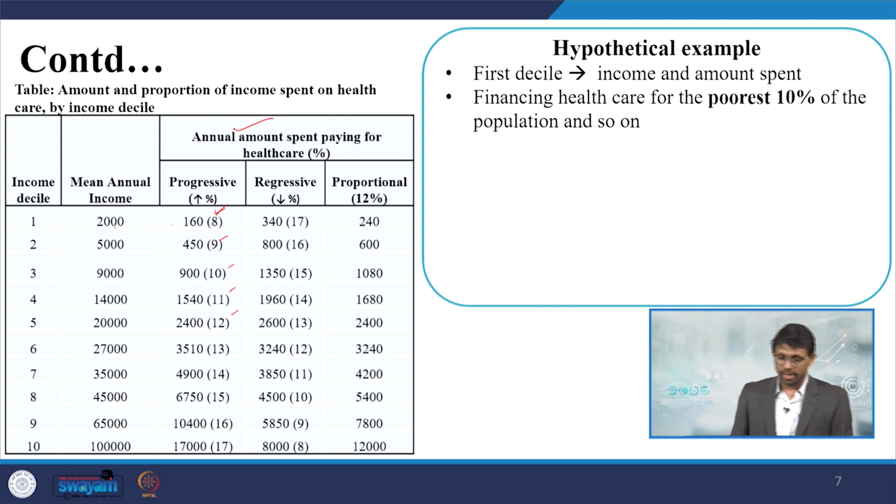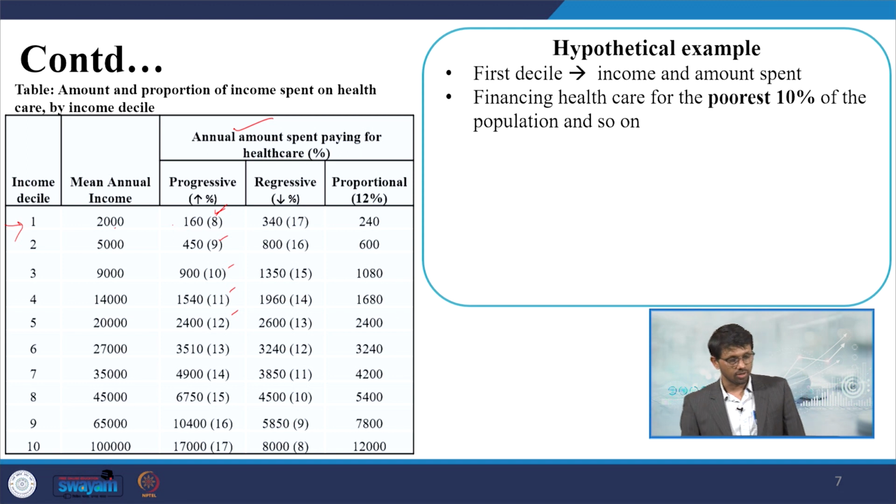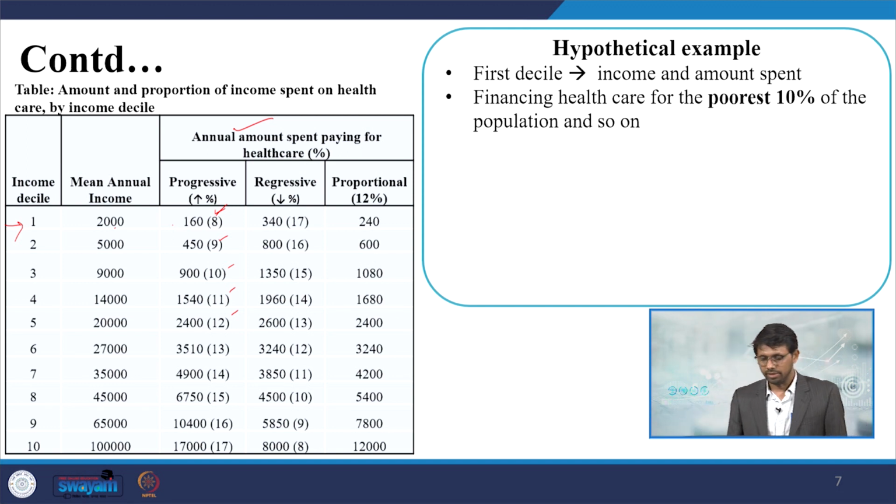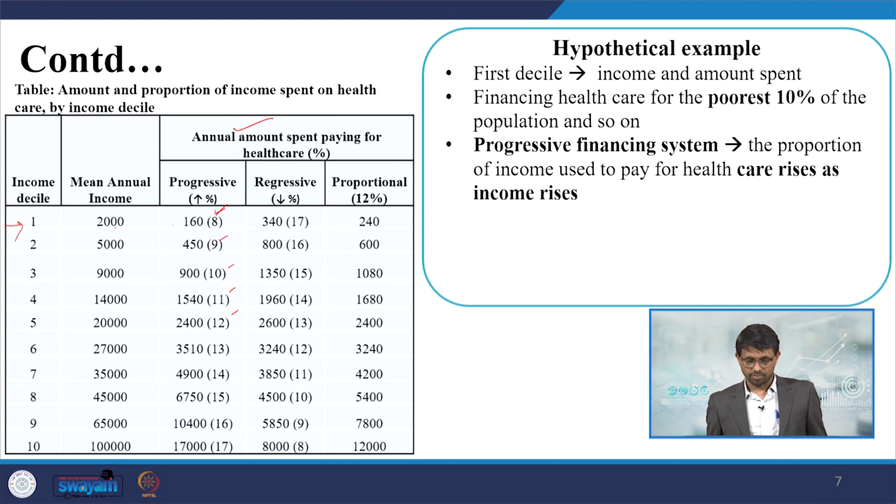Another interpretation, so far as financing is concerned: the poorest 10% of the population, that is the first decile, are spending 8% for their healthcare, and the topmost, the richest 10%, are spending 70% of their income on healthcare.